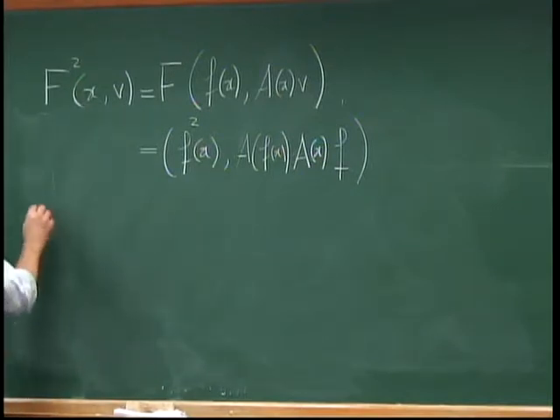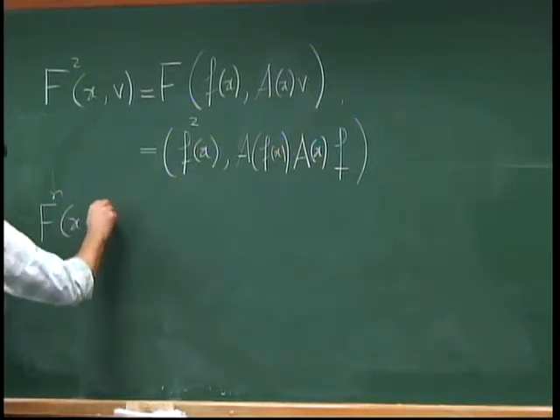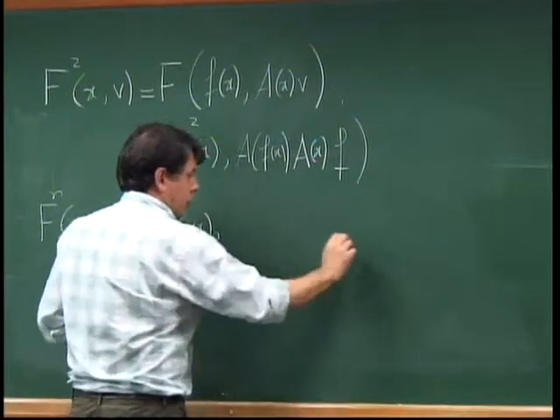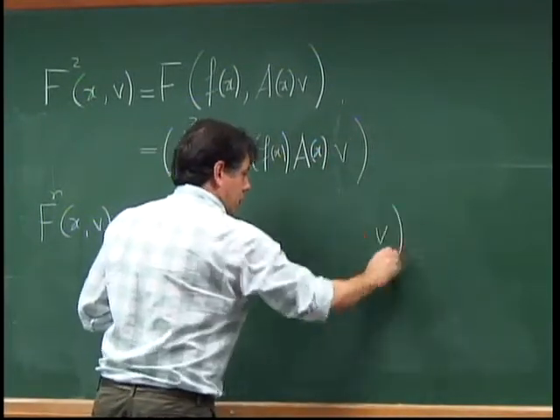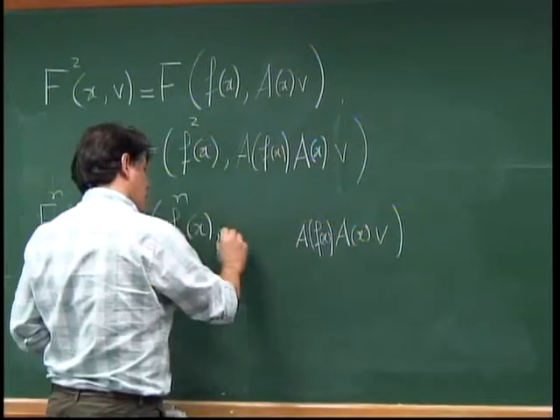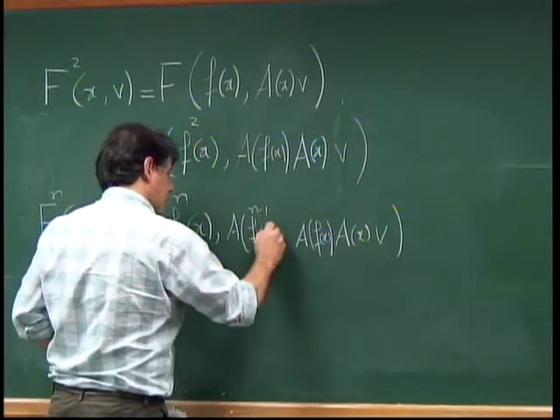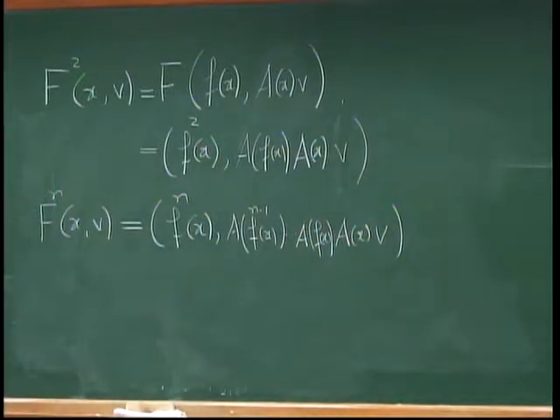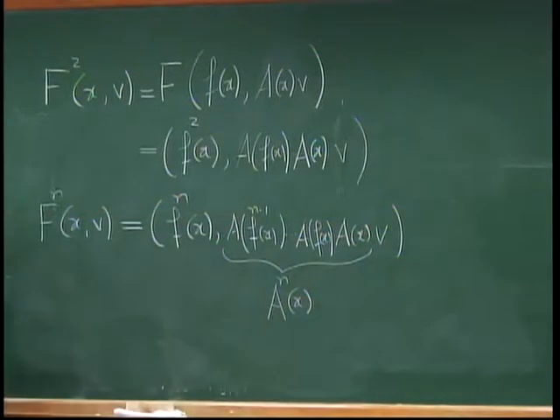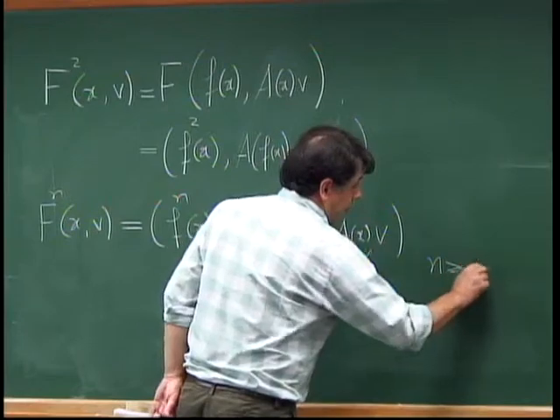And more generally, F^n of (x, v) is f^n of x, and then here you have the product A(f^(n-1)(x)) ... A(f(x)) A(x) applied to v. To simplify the notation, we just call this A^n of x. So we have this formula for all n positive.